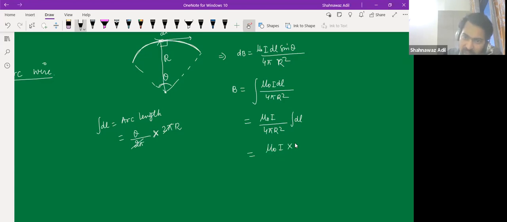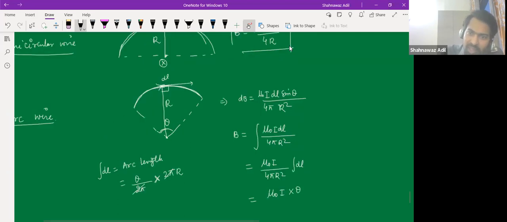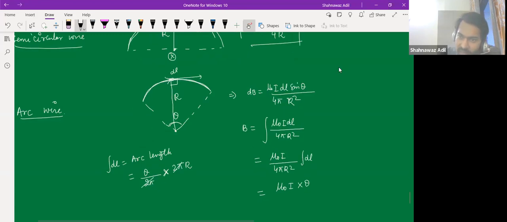What is this sine theta? Sine theta is the angle between dl and r vector. So it's 90 degrees. This is r, this is dl. So sine 90 is 1, right?